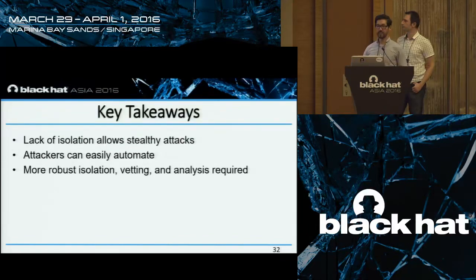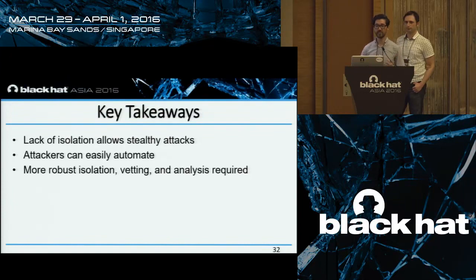As a final takeaway, we really need a combination of robust isolation, which hopefully will be forthcoming in a future process-isolated, electrolysis-enabled Firefox version with a modern extension architecture. Hopefully we will have better vetting, because these isolation techniques help, but they don't solve the entire problem.